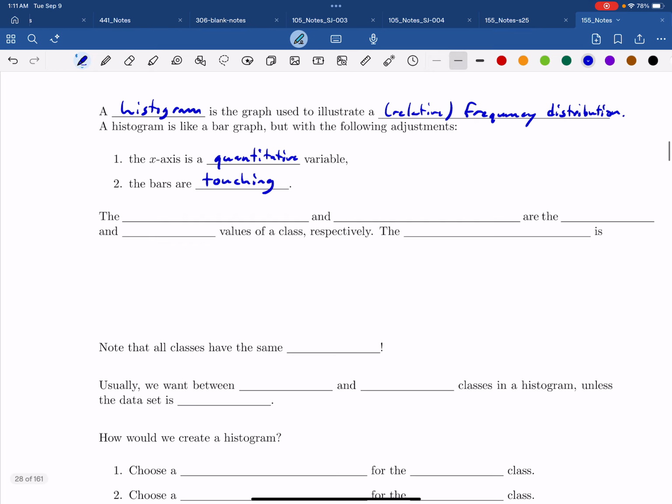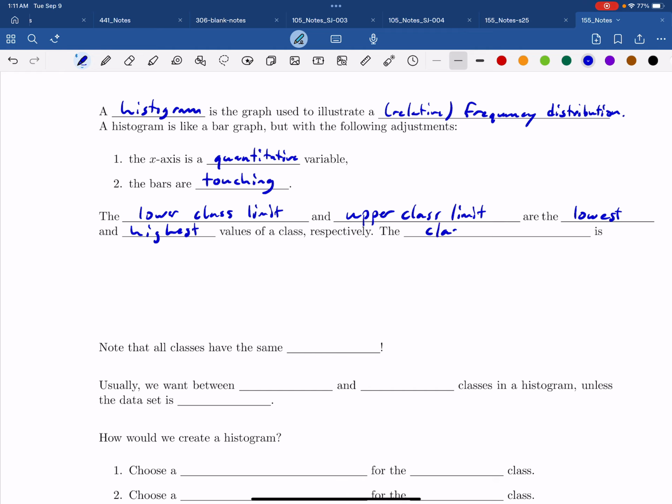Right? The, I guess I should say, lower class limit and upper class limit are the, well, lowest and highest values of a data class, right?